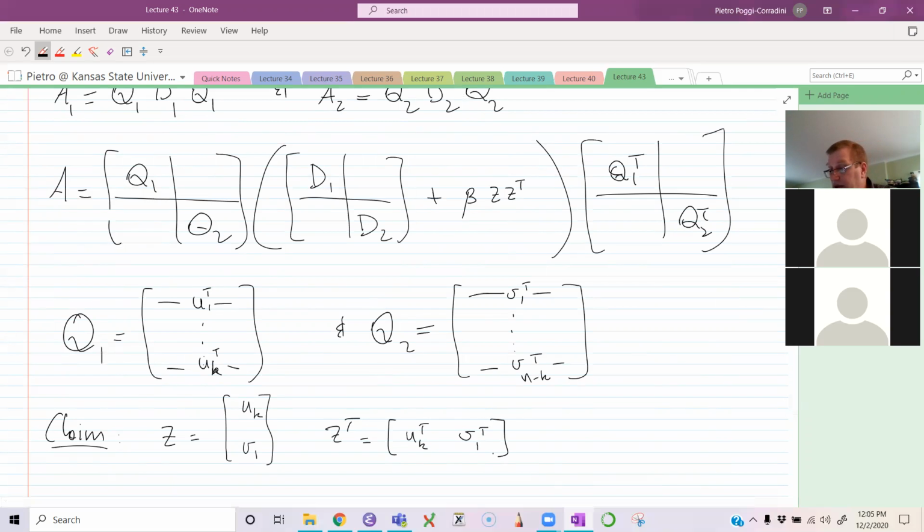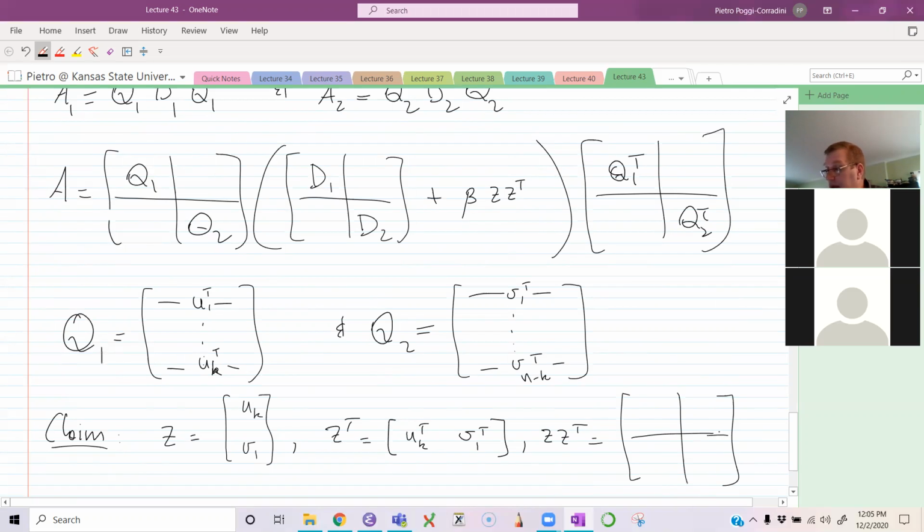So when you take ZZ transpose, that's an outer product, so it's going to have a block structure, with U_K U_K transpose, U_K V1 transpose, and V1 U_K transpose, V1 V1 transpose. That makes sense?